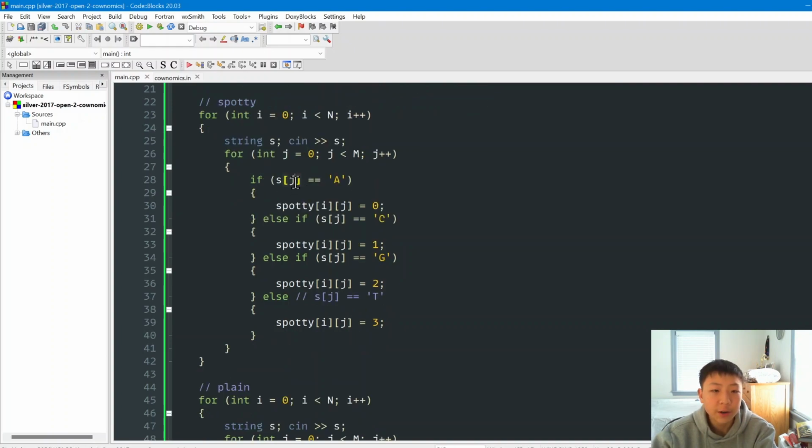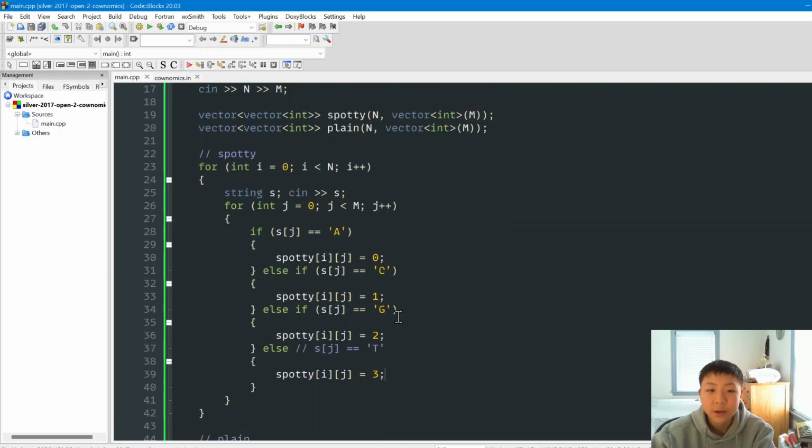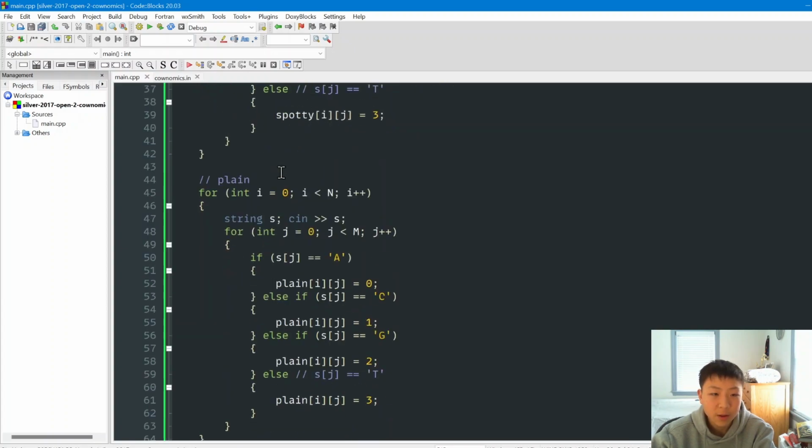And for each j, we're just going to check the string s of j. And if it's equal to a, we're going to put the spotty i j to 0. If it's c, we're going to put it as 1. If it's g, we're going to put it as 2. And then lastly, if it's t, we're going to put it as 3. And so this basically constructs the whole spotty vector.